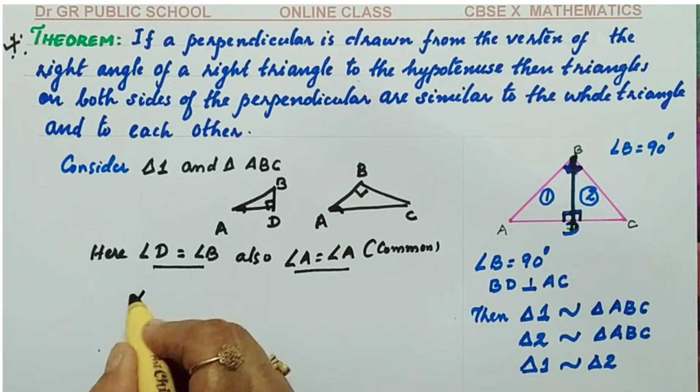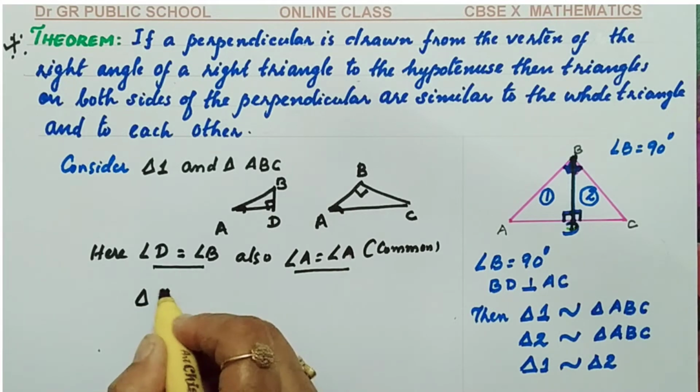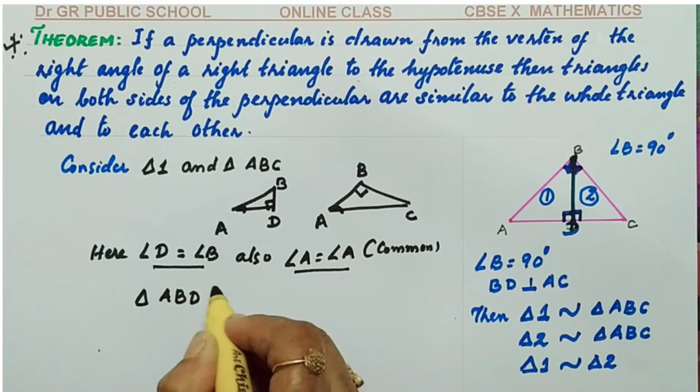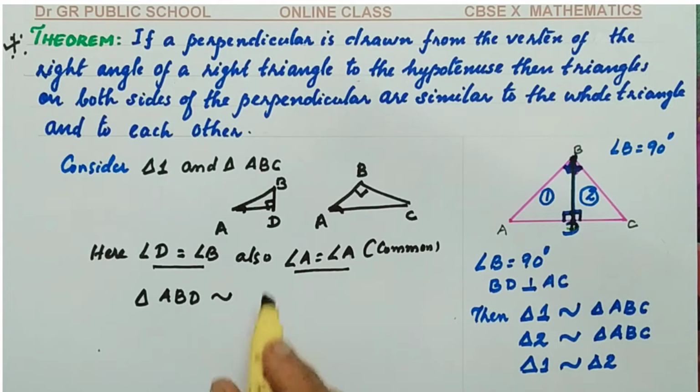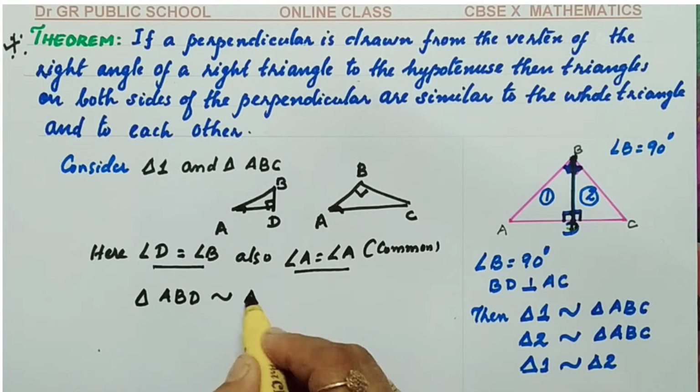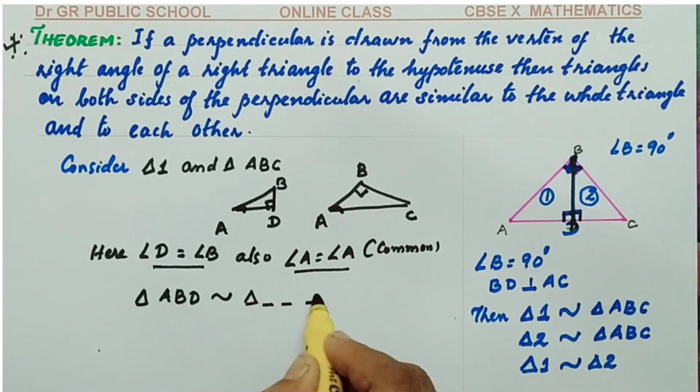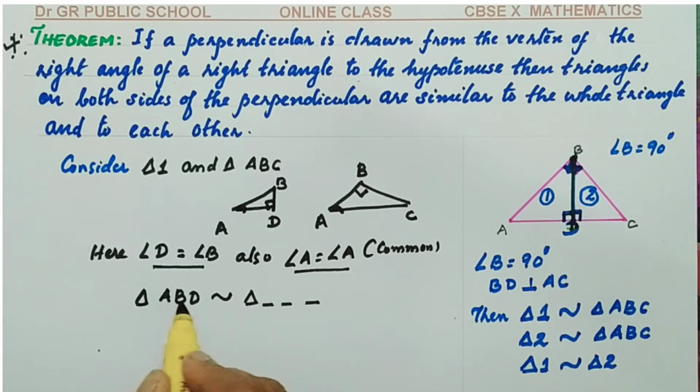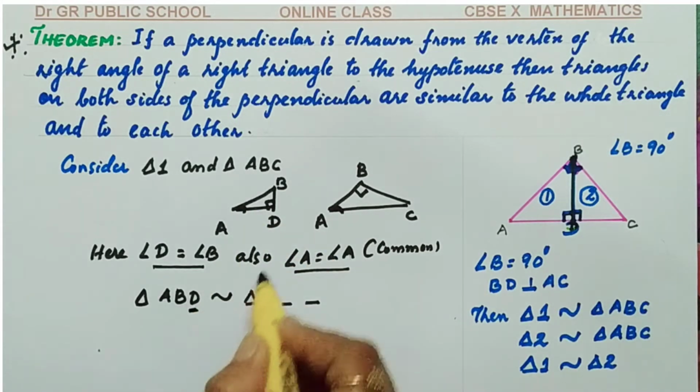I am going to write, therefore triangle ABD is similar to. We need to write the similarity. ABD is similar to. Write the correct correspondence. We need to write three letters here, but that must be corresponding to the triangle ABD. We need to choose which letter comes here. D corresponds to... here D is 90 degree.